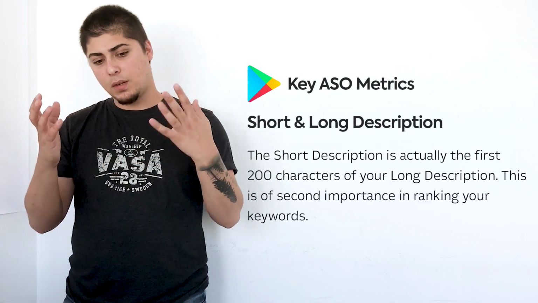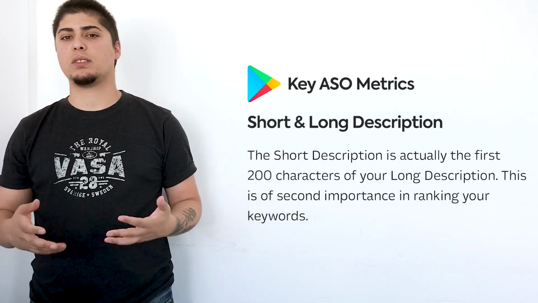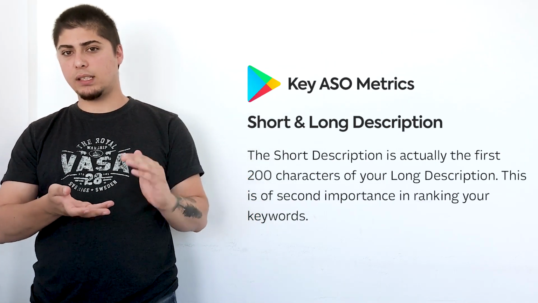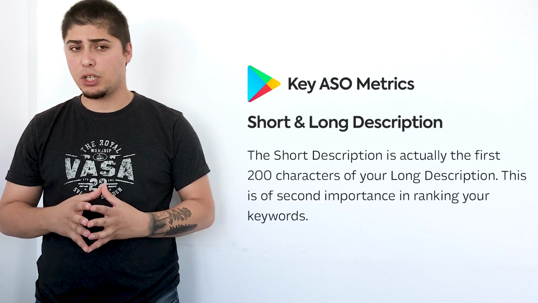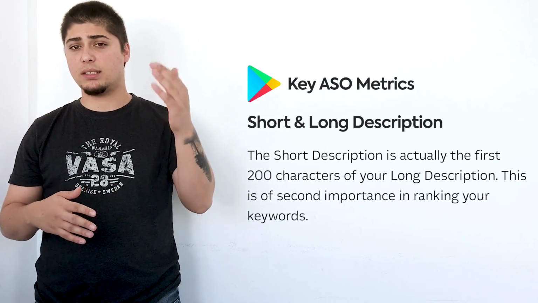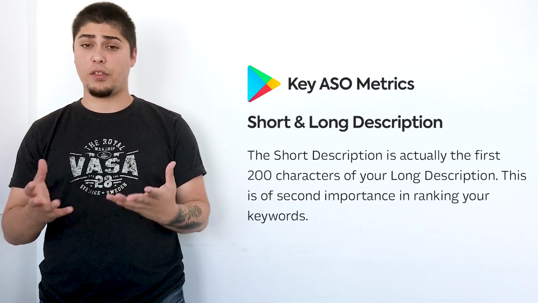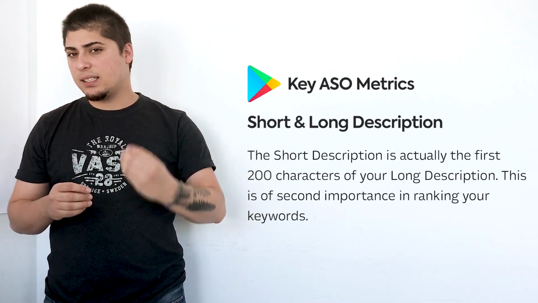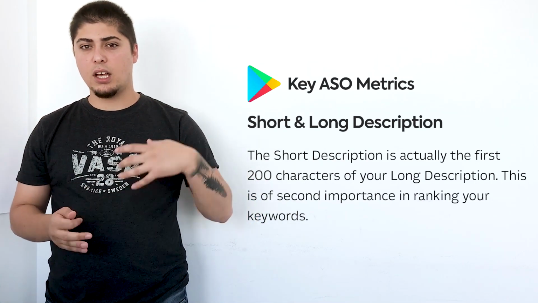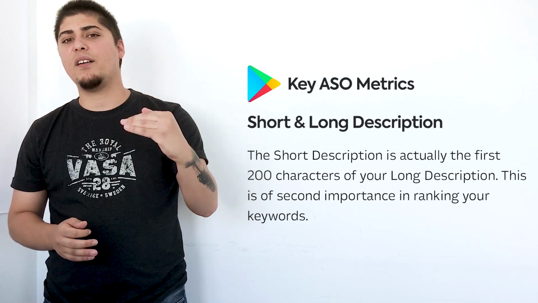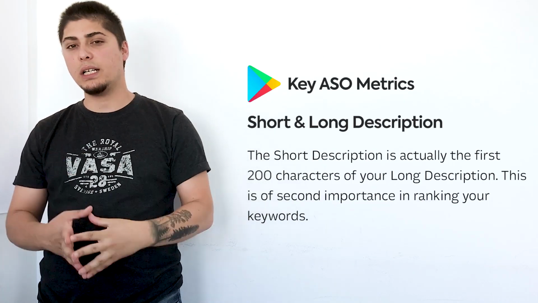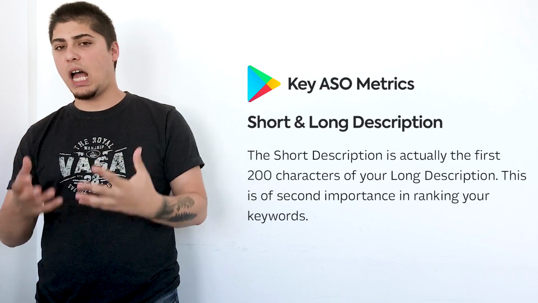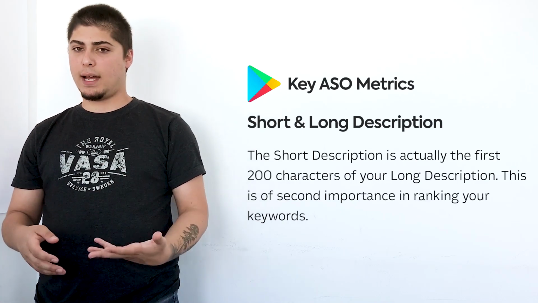So the short description is the first 200 characters of your entire description, and then the long description is the rest, which is limited to 4,000 characters. It is tested and assumed that the keywords you have in your first 200 characters will have a higher ranking impact for your app.